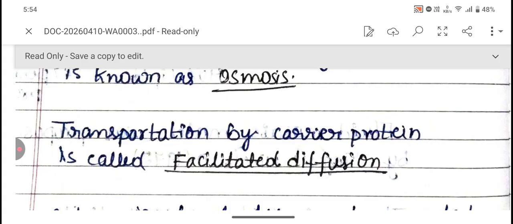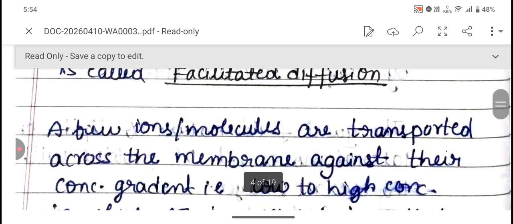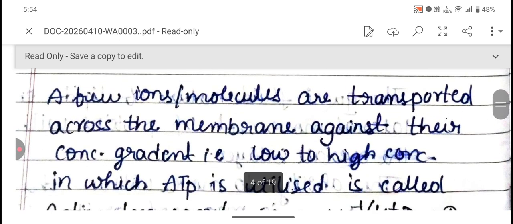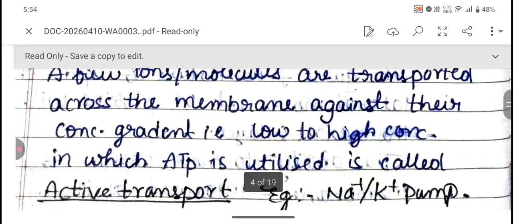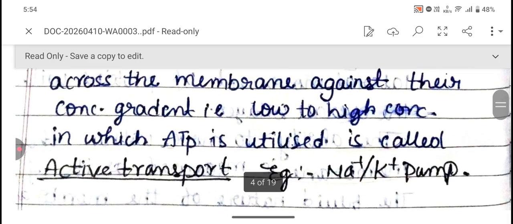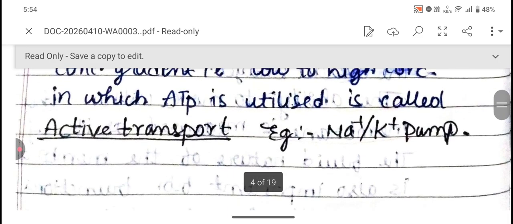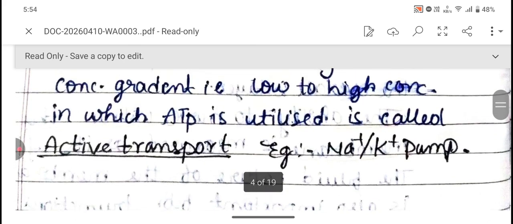That kind of transportation by carrier proteins is called facilitated diffusion. A few ions or molecules are transported across the membrane against their concentration gradient, that is, from low to high concentration, which requires ATP, and this is known as active transport. An example is the sodium potassium pump in the body.